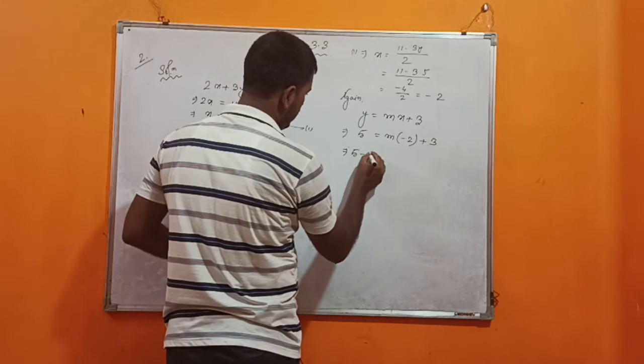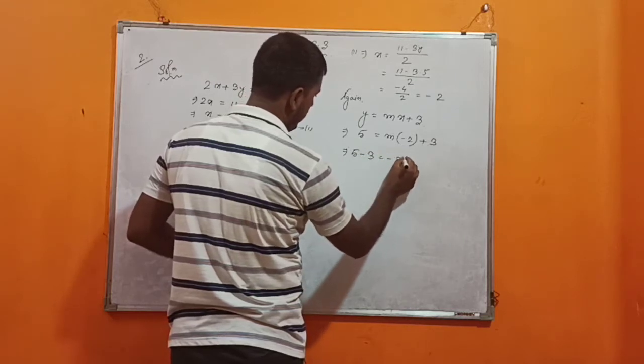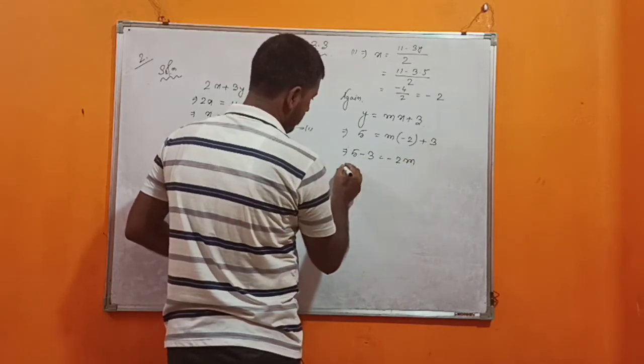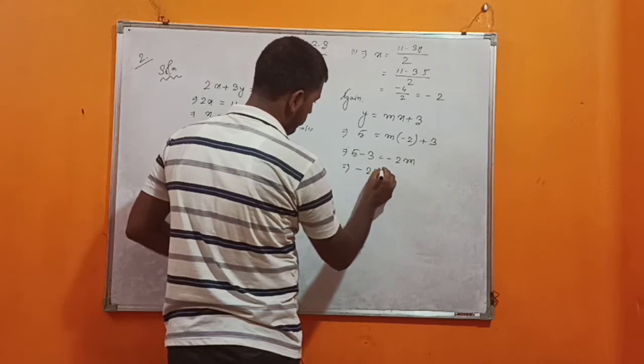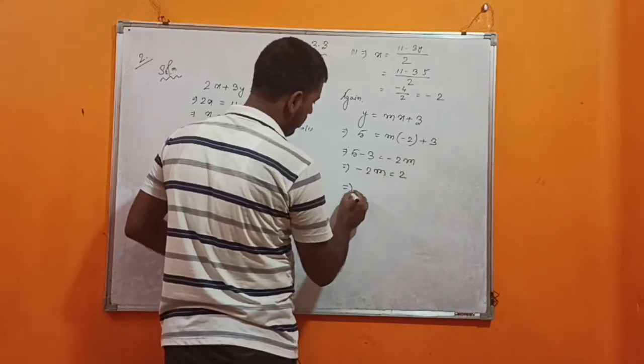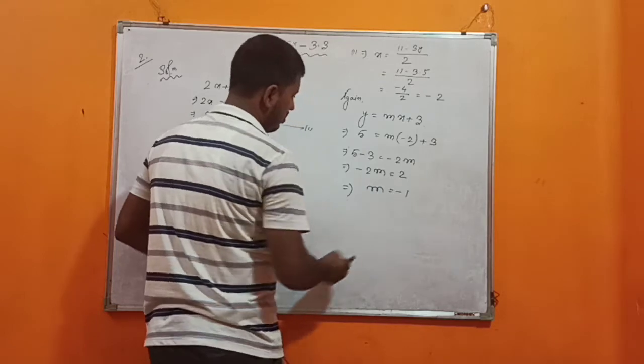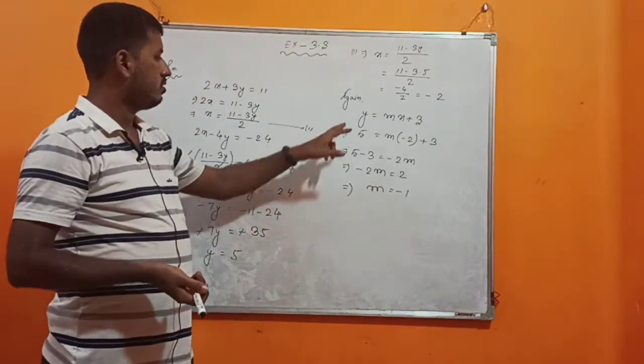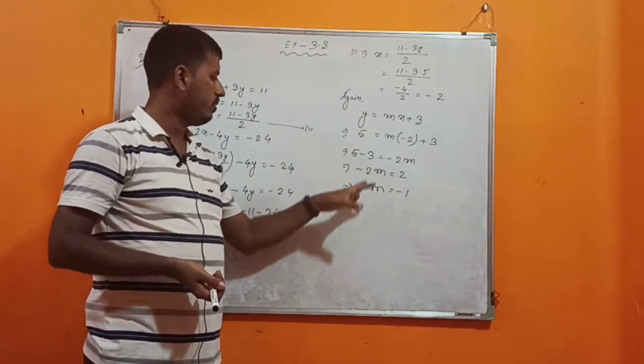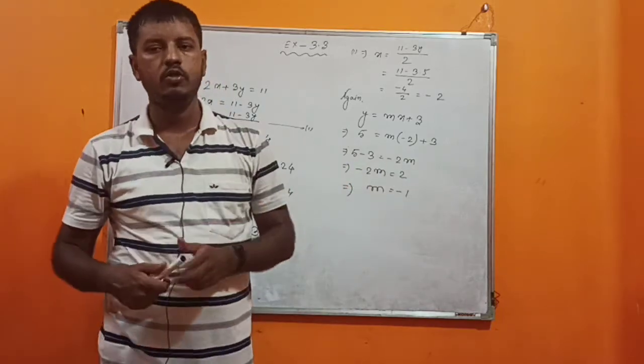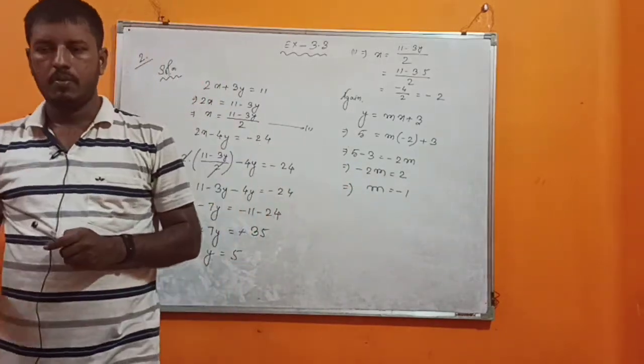So 5 minus 3 equal to minus 2m. So it will be minus 2m equal to 2, and then m equal to what? Minus 1. So these are the simplifications. If you go through it, you will be able to understand how I have got the value of m is equal to minus 1.